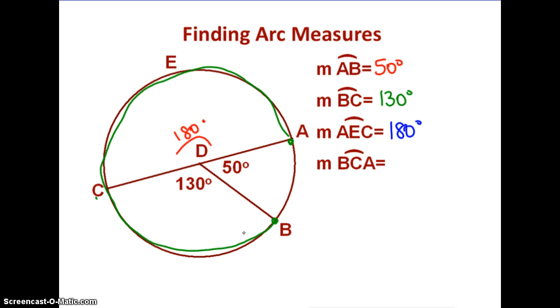So I have the entire circle except for this 50 degrees. So you would do 360 minus the 50 degrees. So you get 310 degrees.